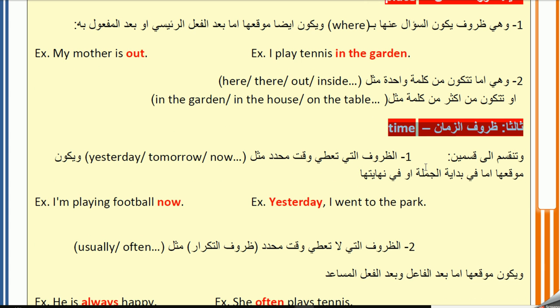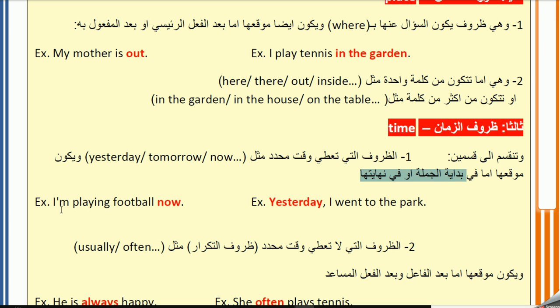Adverbs of time can be divided into, number one, adverbs that give us definite time, such as yesterday, tomorrow, now. Also, the place of adverbs of time comes at the beginning of a sentence or at the end of a clause.